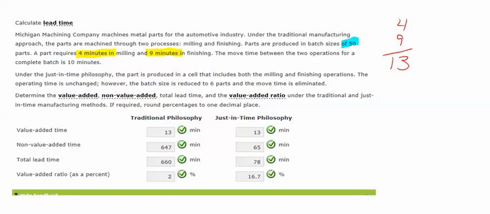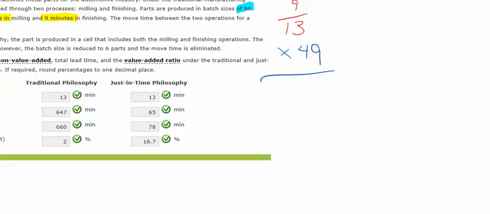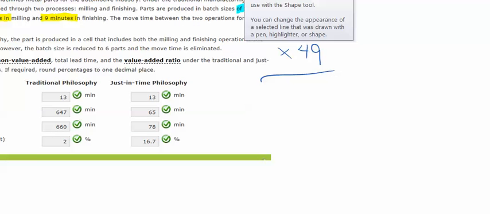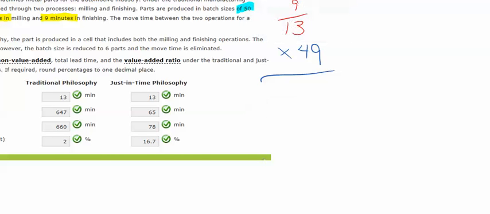So we have 49 units waiting while we're working, so I can multiply this times the 49 and calculate my non-value added time associated with it. I'll take 13 times 49, and that looks like 637. So I have 637 of wait time.